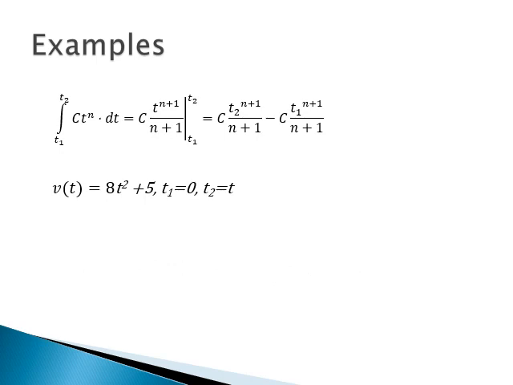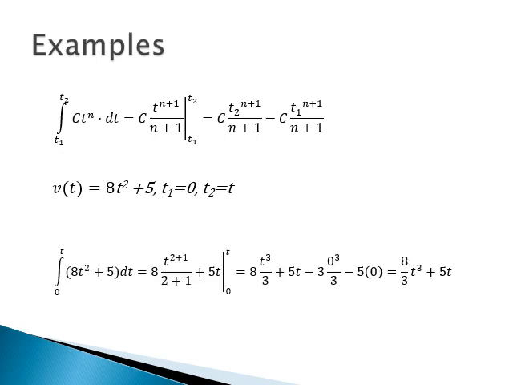And one more for good measure. If your velocity function is 8t squared plus 5, and you want to calculate the displacement over the time interval from 0 to t. Go ahead and try this one, and then start the video up again once you think you have the answer. Now, it's not exactly the distributive property, but a property of integrals is that you can integrate each term in a sum separately.